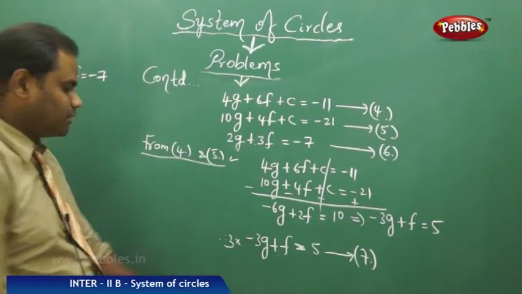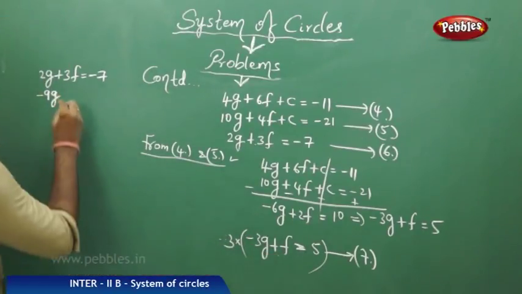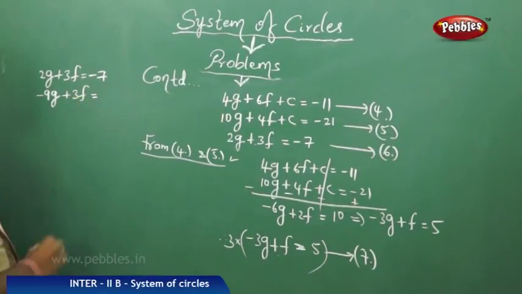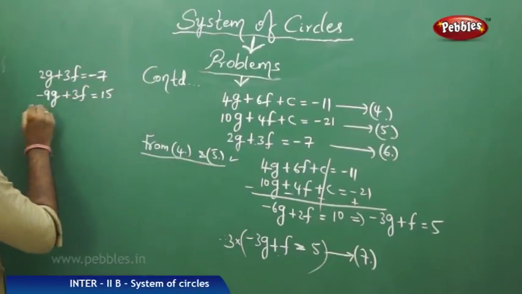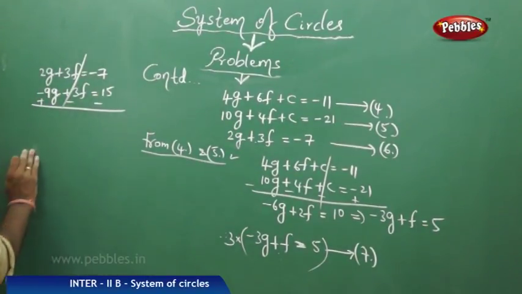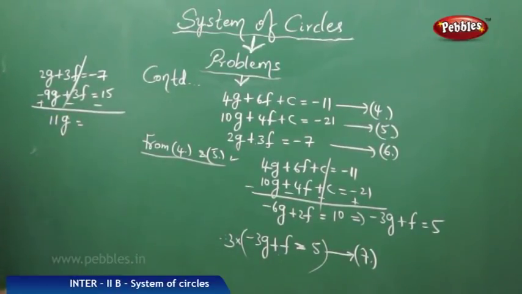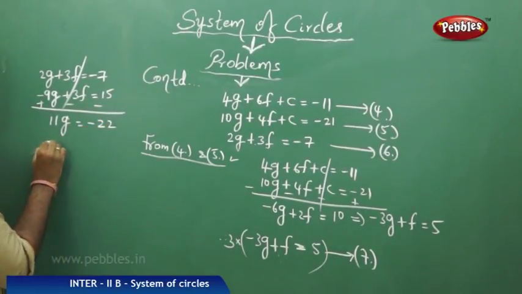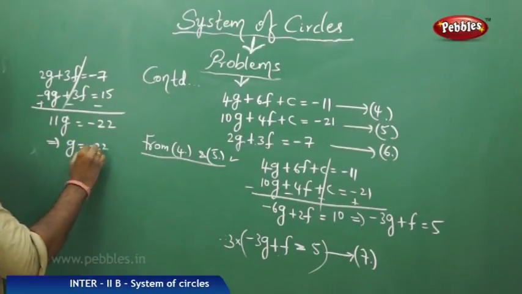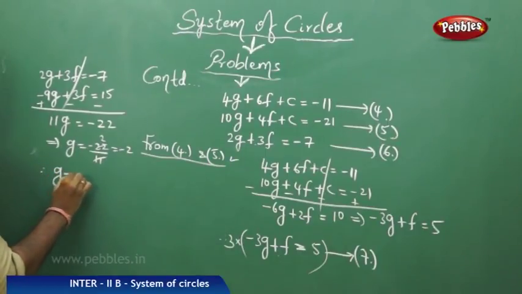So on subtraction this gives me 2G plus 9G, which is 11G, equals minus 15 minus 7, which is minus 22. That implies G is minus 22 by 11, which is minus 2.